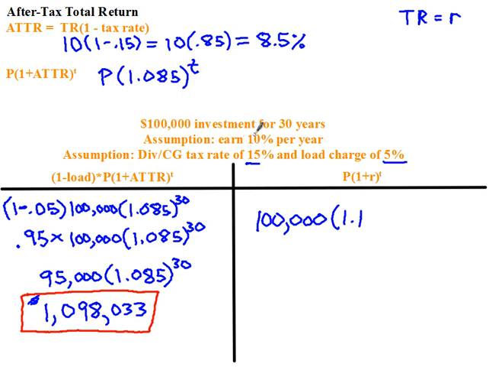That's what I'm going to earn because I'm not paying taxes. Government's not taking any taxes out each year. So the full 10% is going to get reinvested every single year. So I'm going to earn a 10% rate of return instead of an after-tax total return of 8.5%. I'm going to get the full 10% for 30 years.